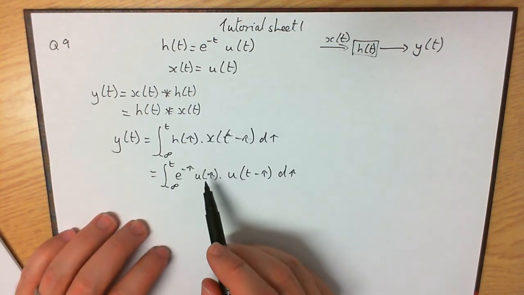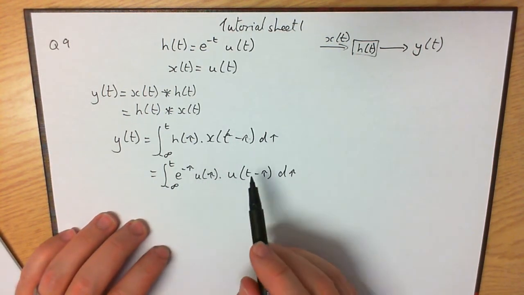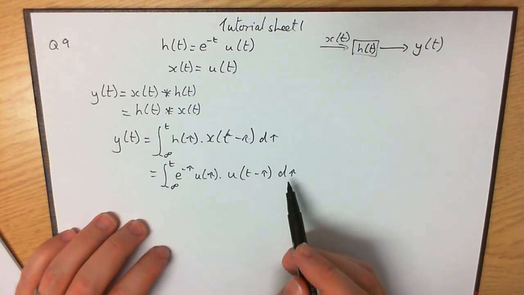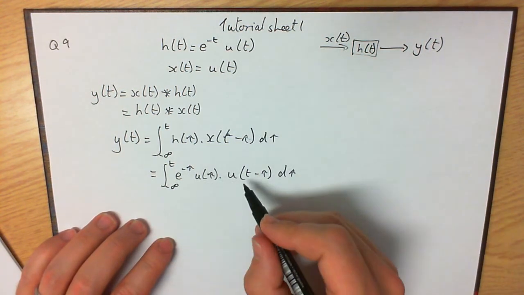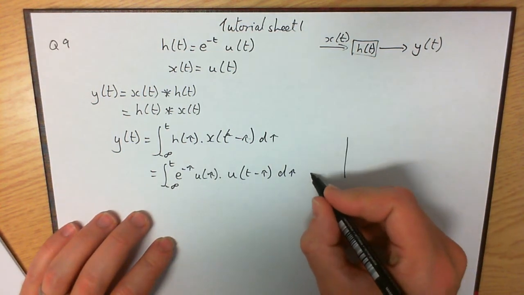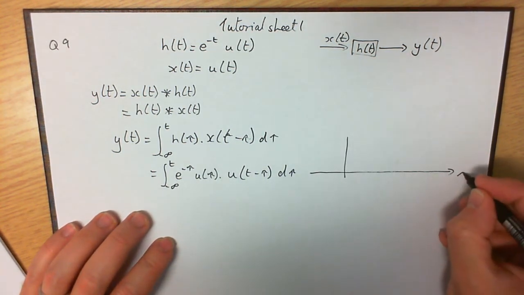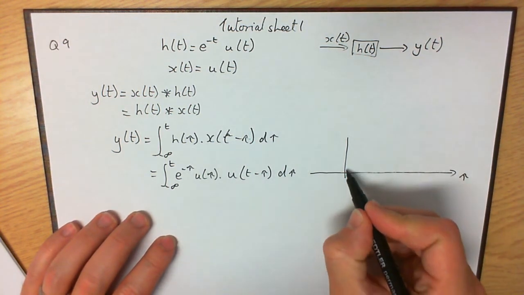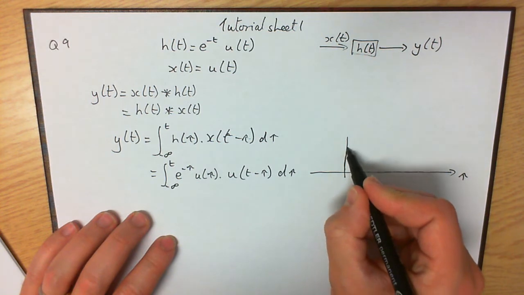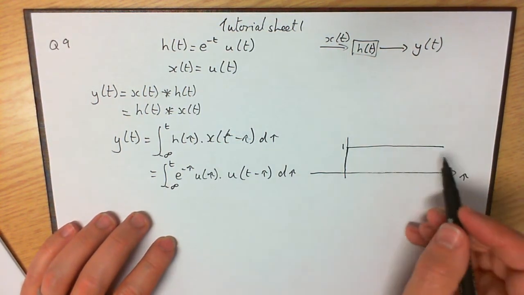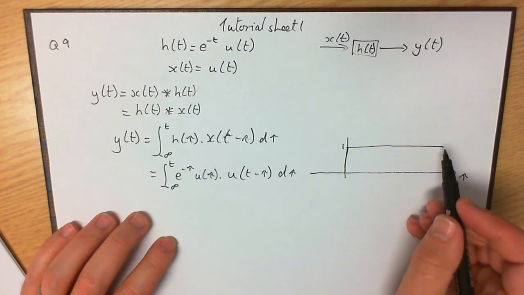Now this might look a little bit complex because we've got three functions, each of which is a function of tau, which is our integral component. If we look at these two functions, u of tau and u of t minus tau, and sketch those as a function of tau, we know that u of tau is just going to be a function which is 0, goes to a value of 1 and remains at 1 to tau is infinity.